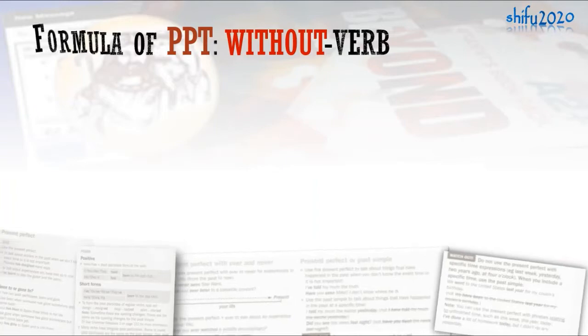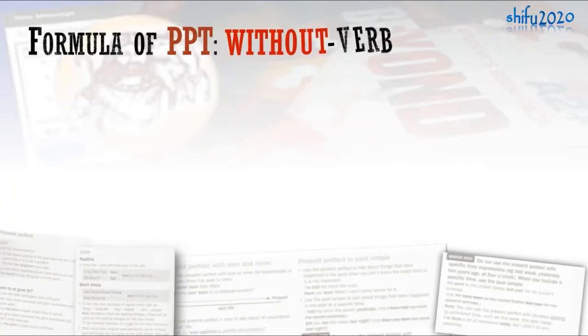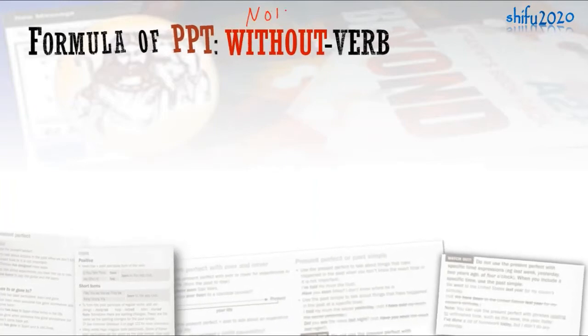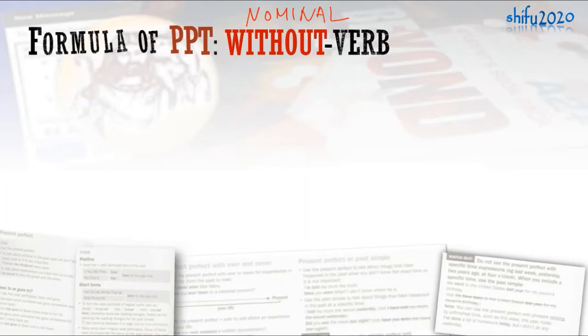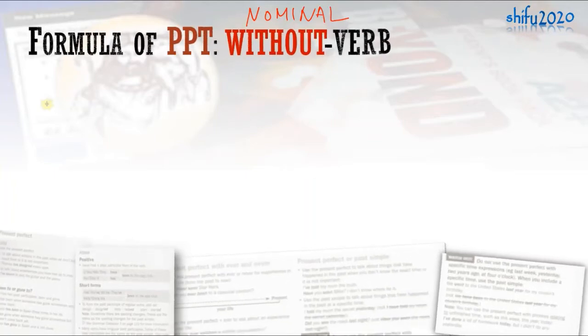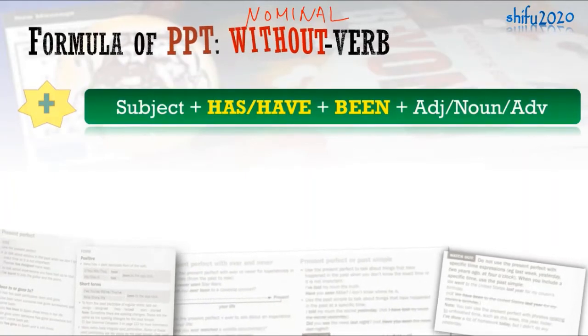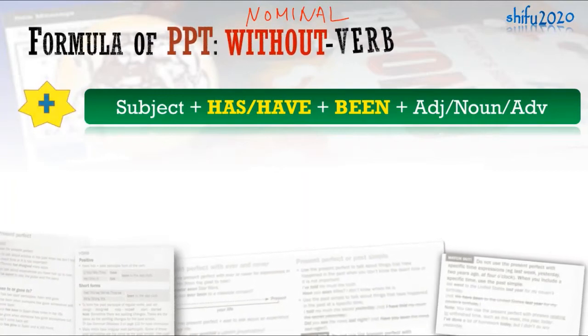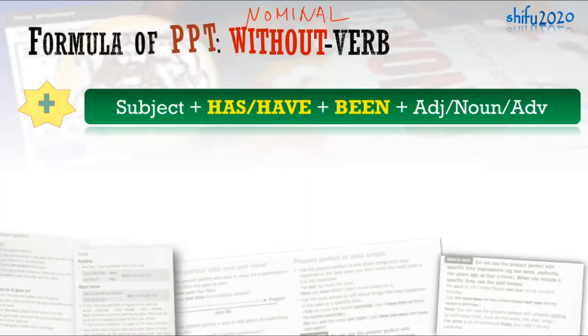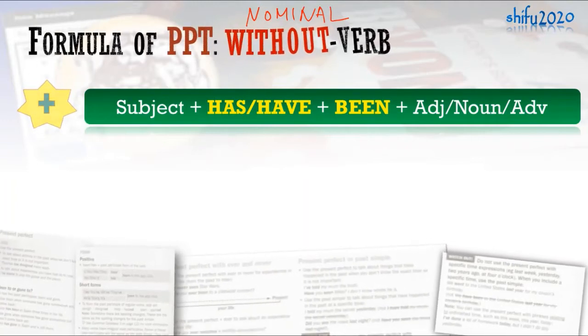The second formula is the one without verb, or called as nominal sentence. The same, you will have the positive, negative, and interrogative sentences. Always start with subject and then you have has or have. The difference is, because you don't have the verb, you must have the form of be, right?